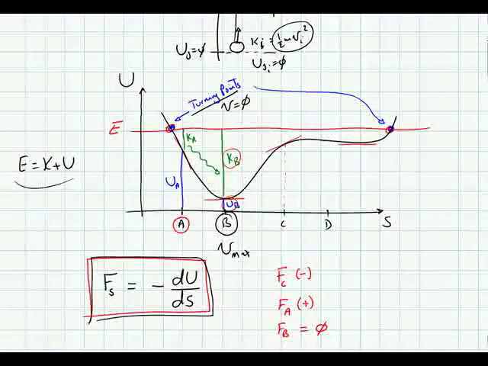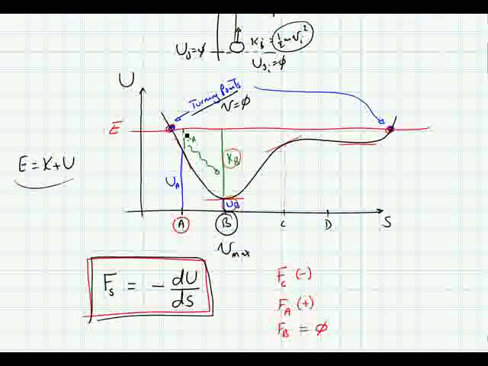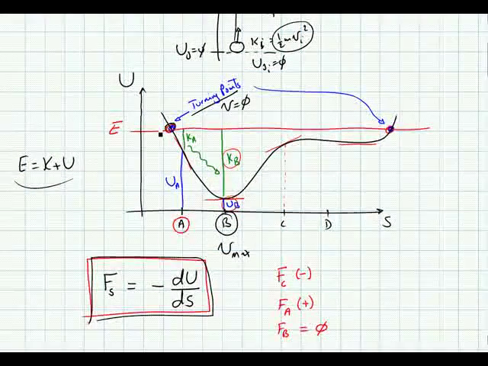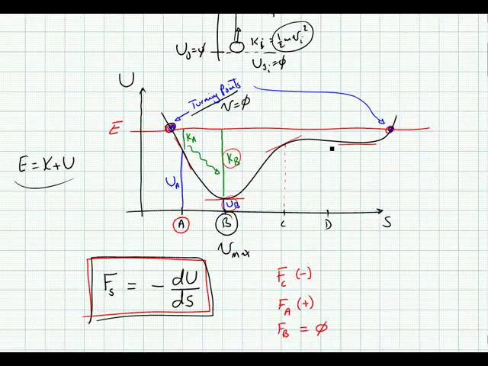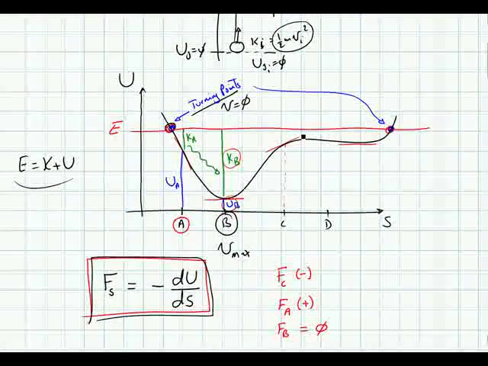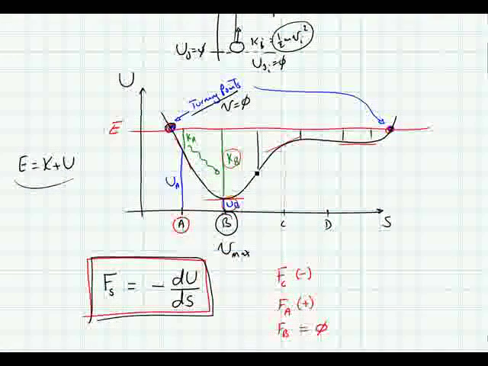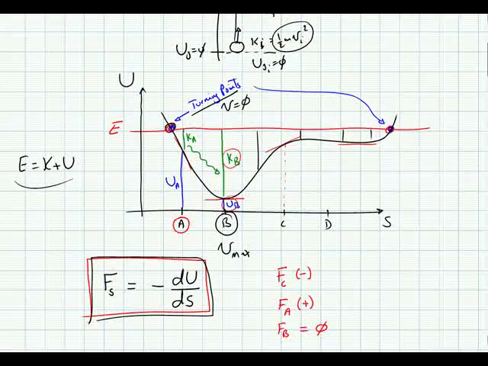So for example, if you know that the object has some total energy, then knowing the potential energy at any position s, you can calculate the kinetic energy or the speed of the object at any other position. You'd be making use of this further down in the course.